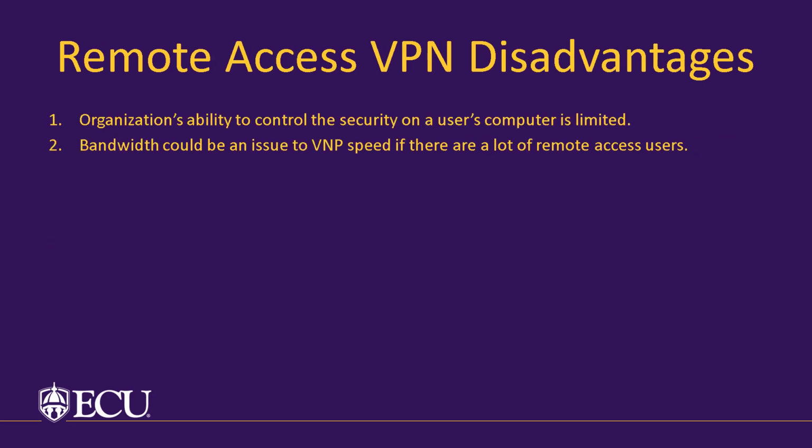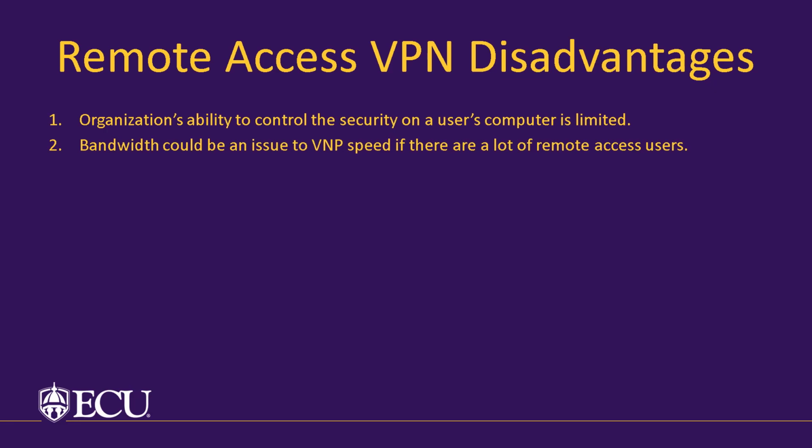Okay, let's move on to remote access VPN disadvantages. There are currently two of them in remote access. Basically, the organization's ability to control the security on a user's computer is limited. Most of the time, a computer that a user is using at home for work purposes is generally a private one.